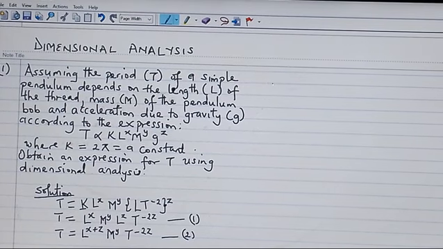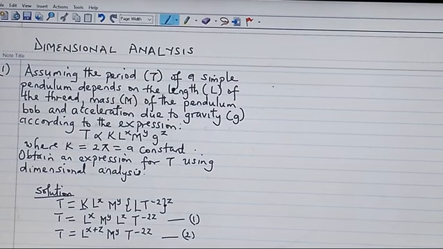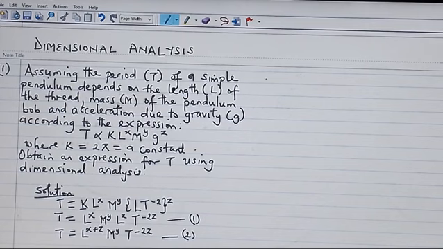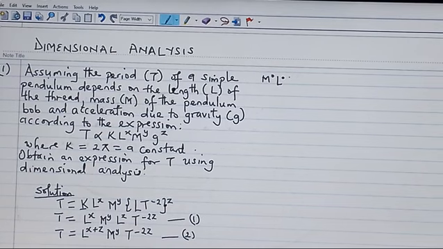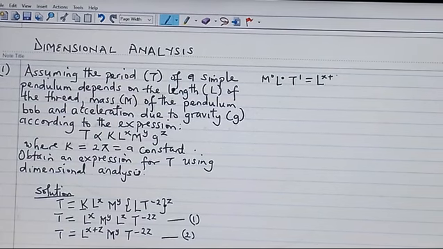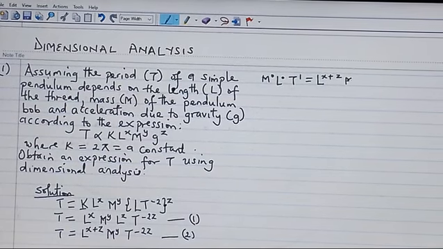So the only way we can do that is to raise M and L to the power of 0 on the left-hand side of equation 2. So we say M raised to power 0, L raised to power 0, and T raised to power 1 equal to L raised to power X plus Z, M raised to power Y, and T raised to power minus 2Z. Let's call this equation 3.